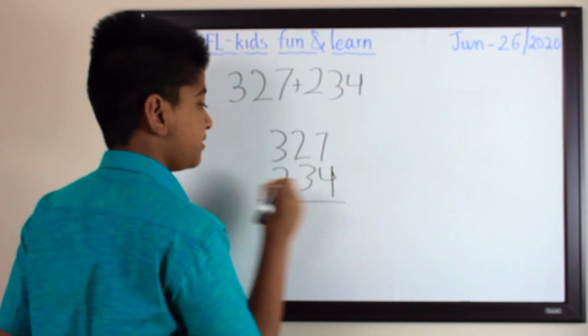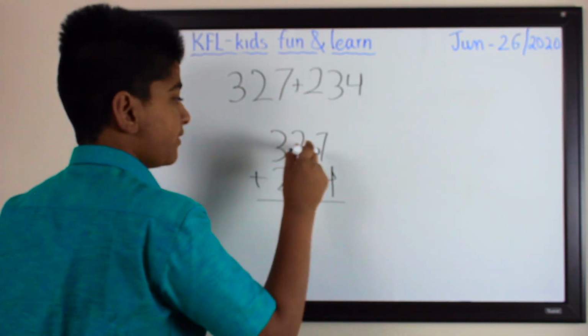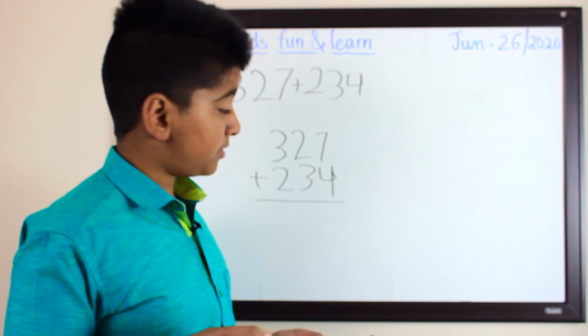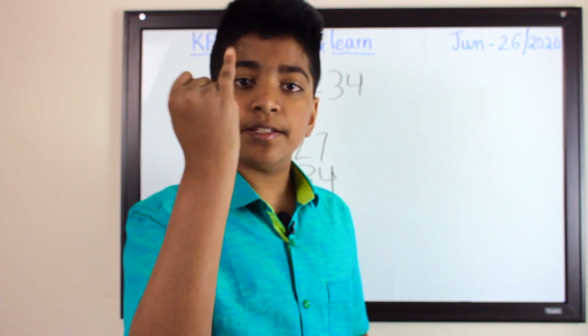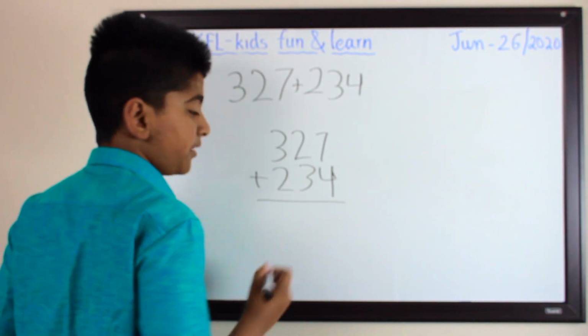Okay, line underneath, plus sign, and let's add. So what's 7 plus 4? I know that's 11, because let's start at 7 and add 4 more, okay? 7, 8, 9, 10, 11. Add 4 more. 7 plus 4 equals 11.